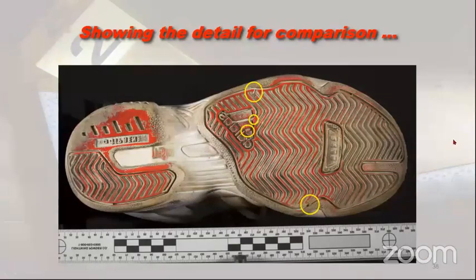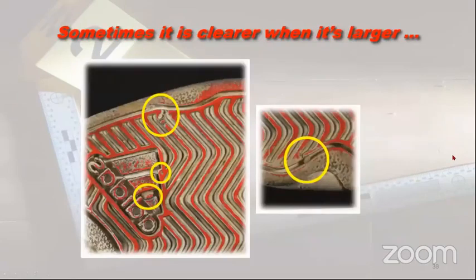Now, one of the things that I also recommend doing is that you want to take up close pictures. And so this way you can actually very clearly see, for purposes of comparison, where those artifacts are actually visible within the image.